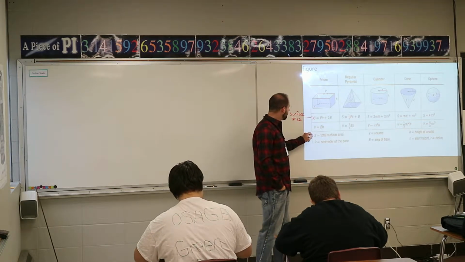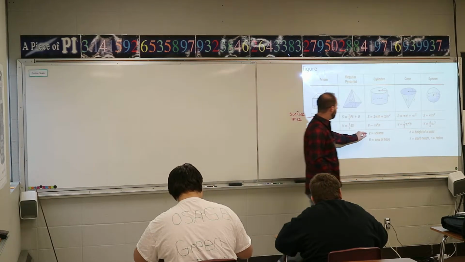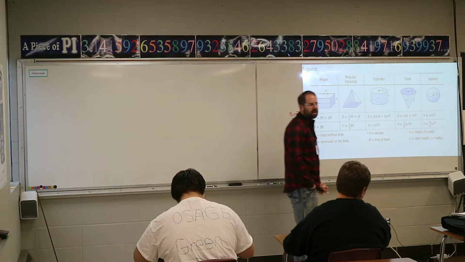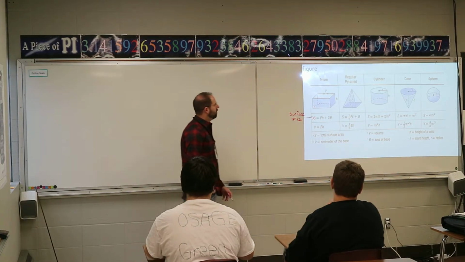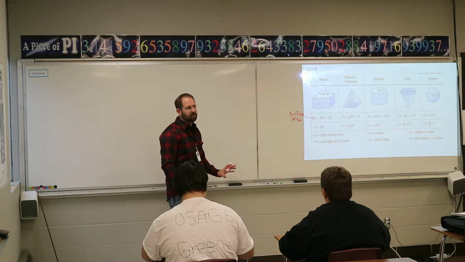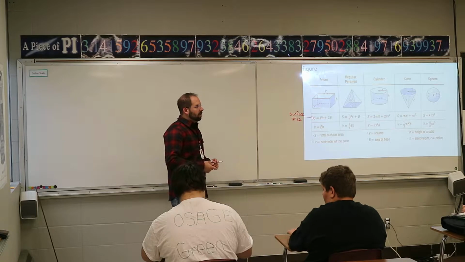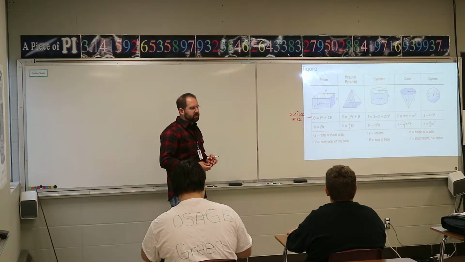Now, the key is down below, like what these all stand for. I don't know how far we got yesterday, but I'll do the example of the prism today. I'll do one example. That's what I want to do. A lot of you are trying to write down all the formulas, which is fine.